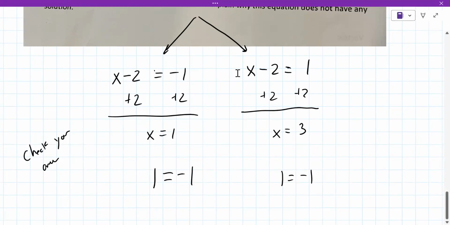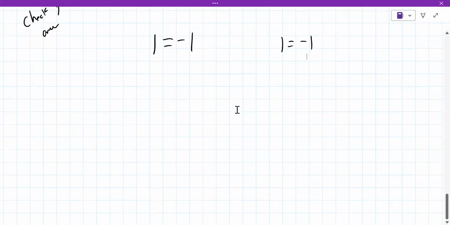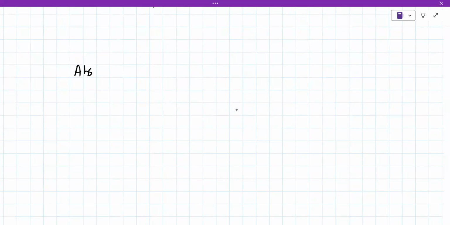A couple things. First, you should always check your answer. Just always do it. But really that's not what they're asking for here. If you just blindly do something, you should always check your work. They want you to explain why it does not have a solution. And the reason is that absolute value returns positive or 0.